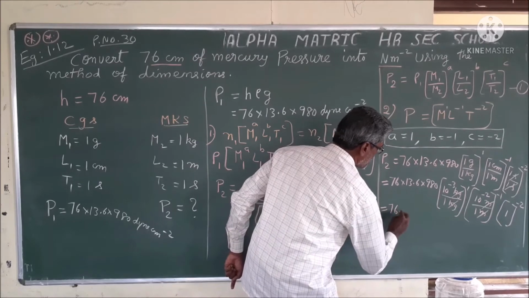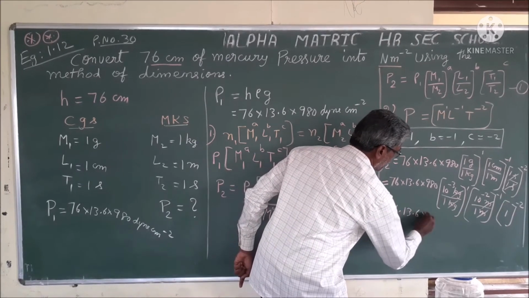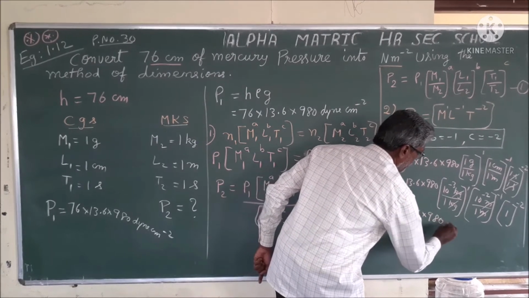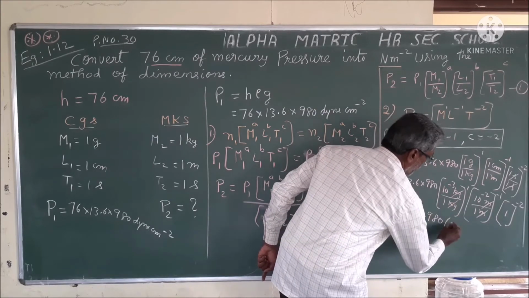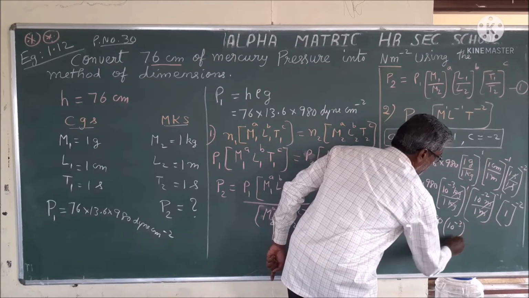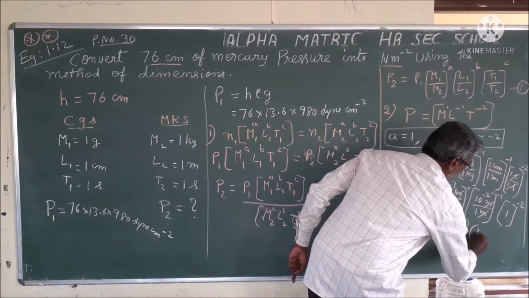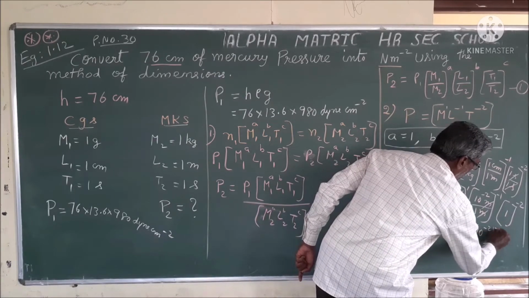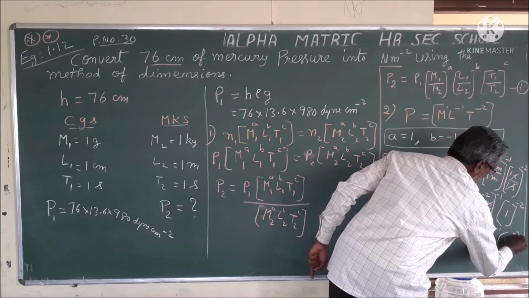So 76 into 13.6 into 980, 10 power -3 whole power 1, 10 power -2 whole power -1, 1 power -2.